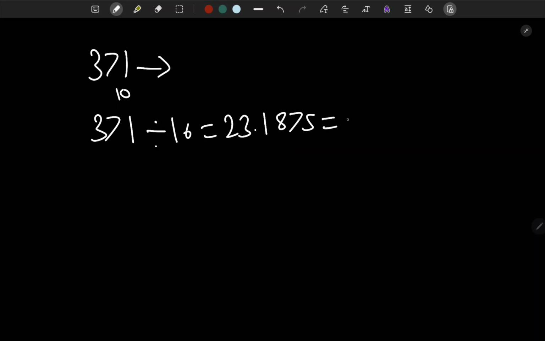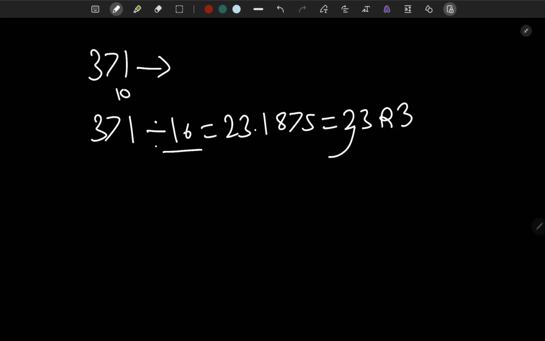So this is equal to 23 remainder. The remainder we can calculate by multiplying the decimal part only by the divisor, so 16. So what is 0.1875 times 16? We'll get the remainder. So let's do that on the calculator, and we got 3. So now let's move on.